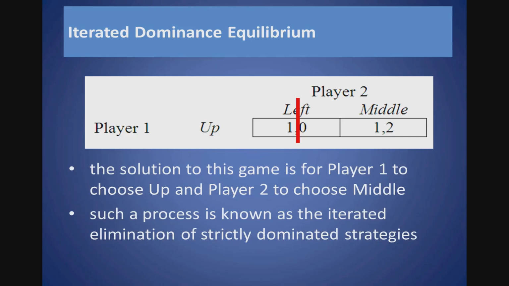And again, it builds upon that very, very simple idea that a rational player will never choose a strictly dominated strategy. And so, in this game, using that idea of eliminating all of these strictly dominated strategies, we're left with a single, a unique outcome, where player 1 has a payoff of 1 and player 2 has his payoff of 2.